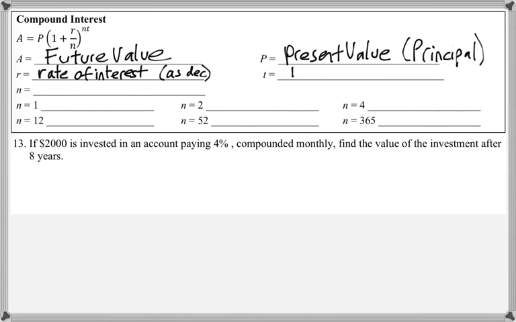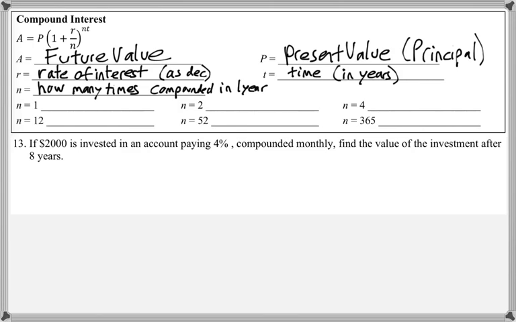T is the time, and it's specifically in years. And then N, this is how many times it's compounded in 1 year.